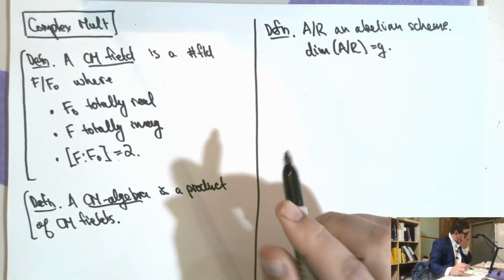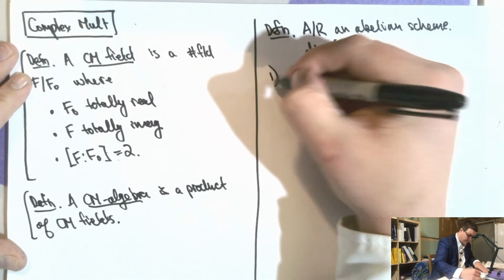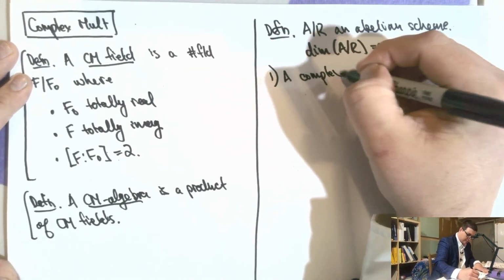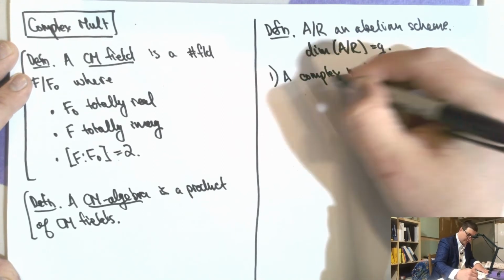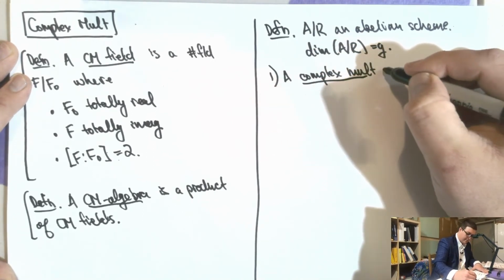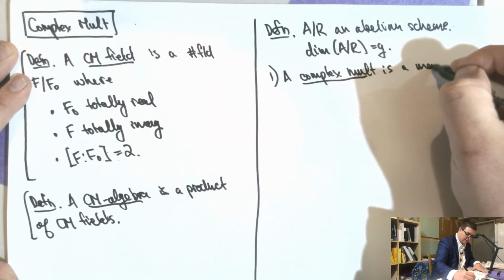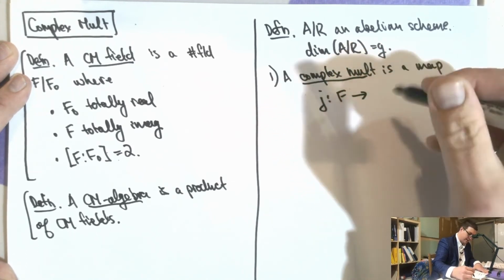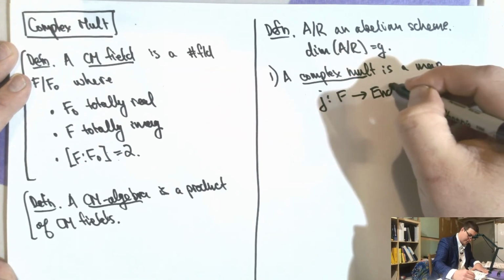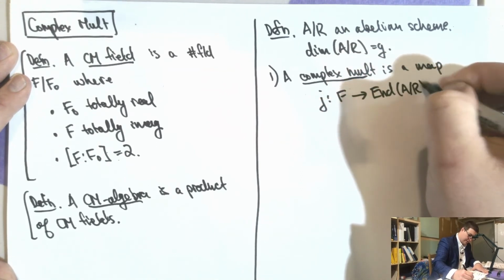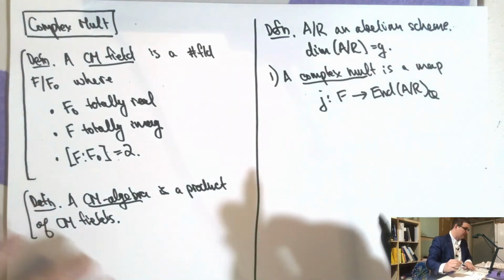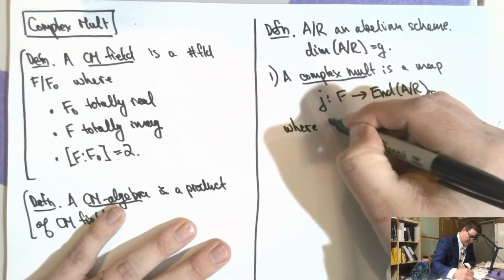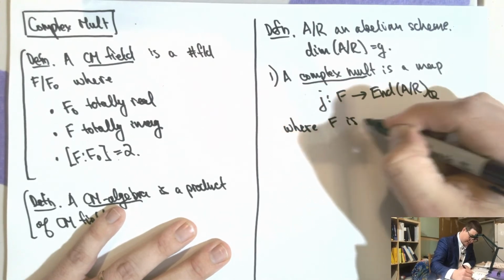A complex multiplication is a map j from F to the endomorphism ring of A over R, where F is a CM field.